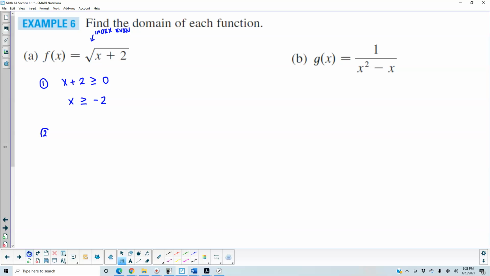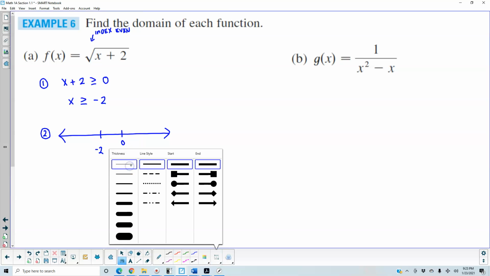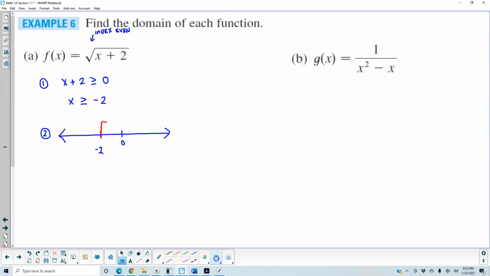So now we want to graph this on our number line. If this is located at 0 and this is negative 2, then what do we know? We know that we have a bracket here at negative 2 going all the way towards positive infinity.